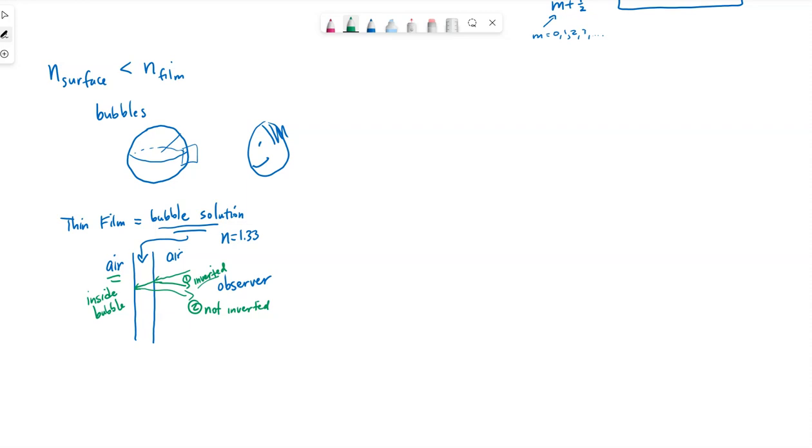So this is just the air inside of the bubble. Because one of the reflected light rays is inverted and the other is not, these two are out of phase. They're perfectly out of phase right now. And so to get them back into phase so that they interfere constructively, the extra distance traveled will need to be a multiple of half a wavelength.